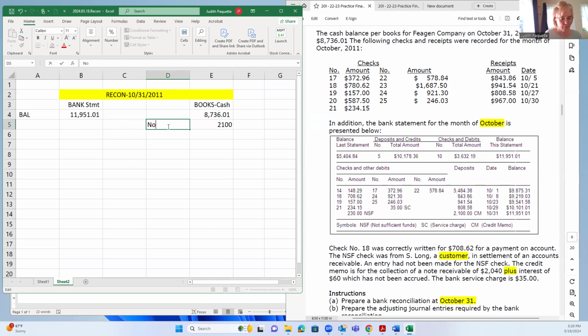So let's write it up. Note receivable. Now I can write it as 2100 or I can write it as 2 transactions. I'm going to write it as 2 transactions. So if my bank account went up with interest, it has to be interest revenue. If it goes down with interest, it's interest expense. So we're just going to call it that.